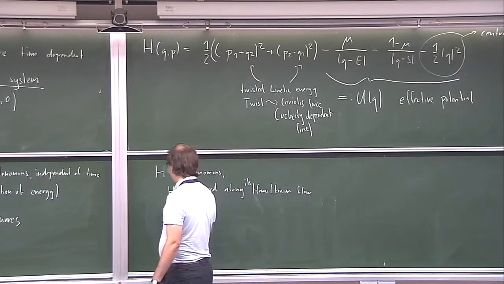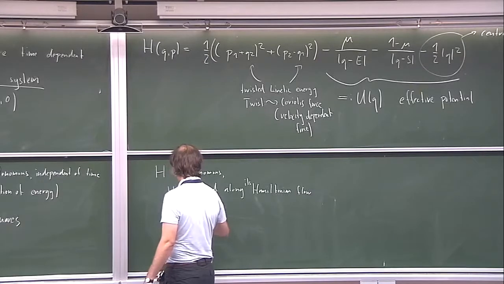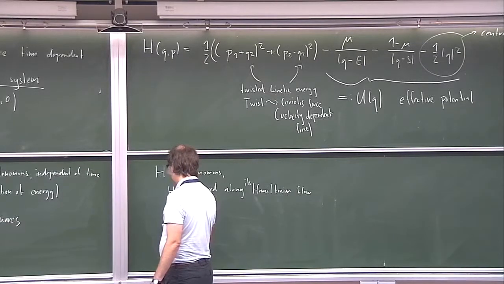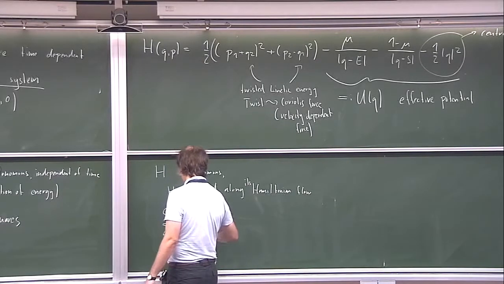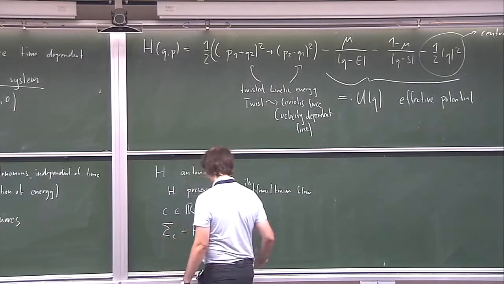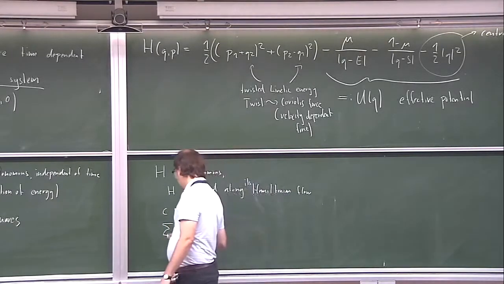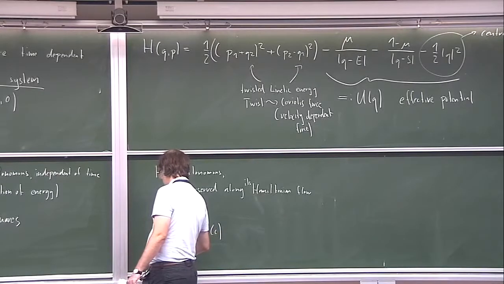If you have C in R, we abbreviate Sigma_C, this is H inverse of C, and this is the level set or energy hypersurface.